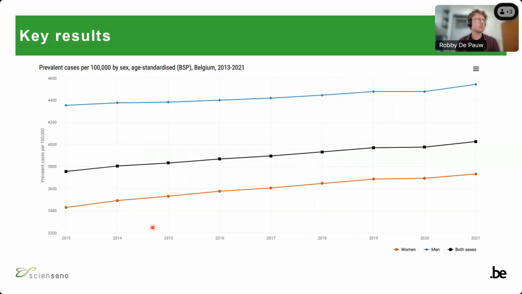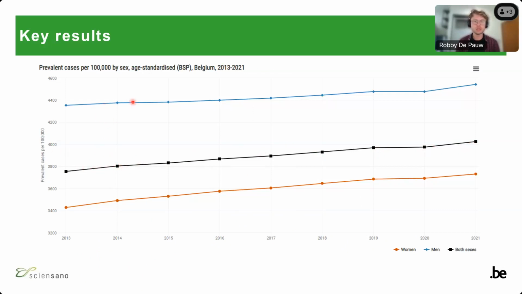If you look at differences between both sexes, this is a graph where you can see the averaged effect, so it's for men and women combined, the number of prevalent cases per 100,000 people.